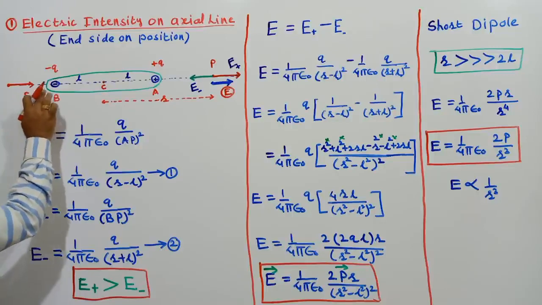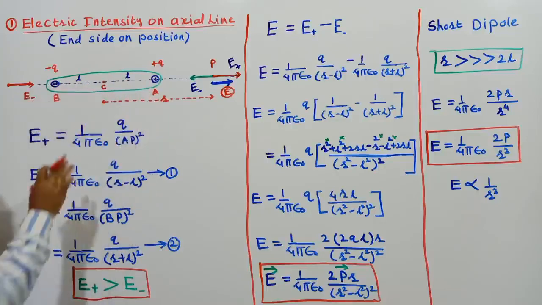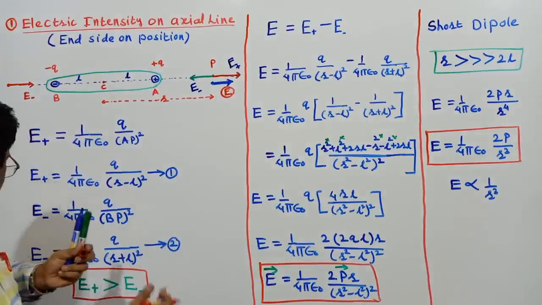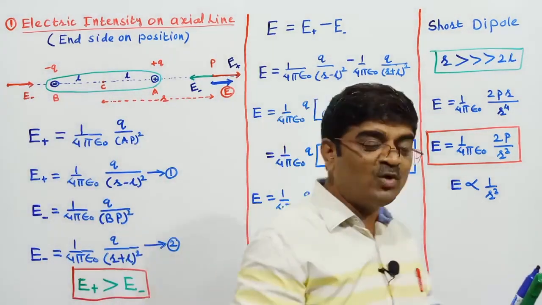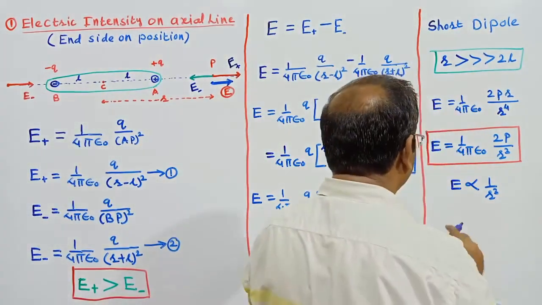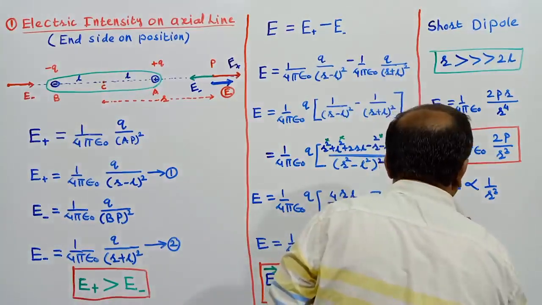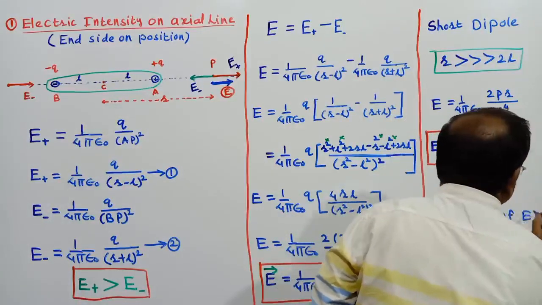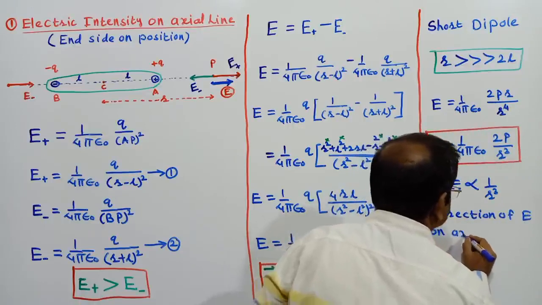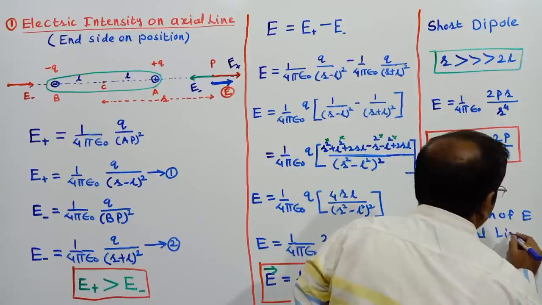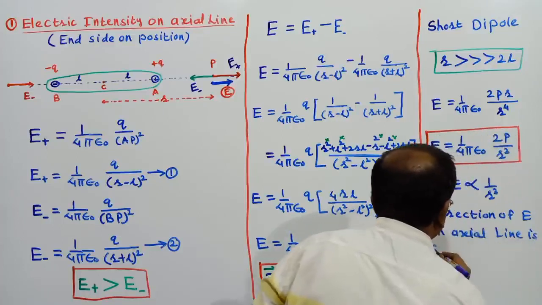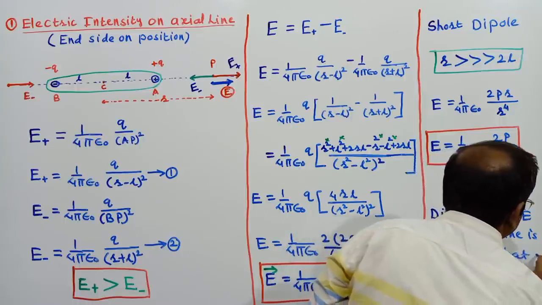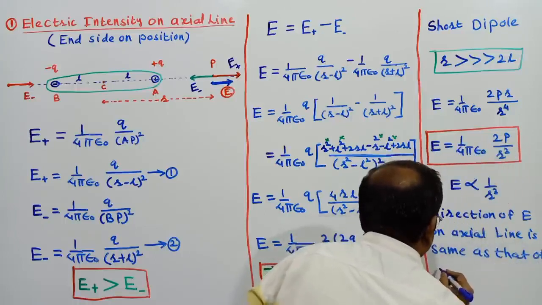And look here, E minus is in the direction of dipole moment, from negative to positive charge. So I said there is no problem. This is a general statement you can say. What is that statement? Direction of electric intensity on axial line is same as that of dipole moment p.